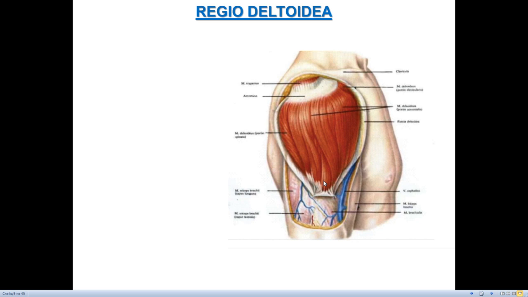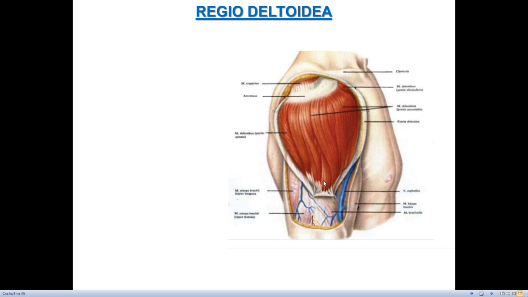It passes here through the quadrilateral foramen. Quadrilateral means four angles. Together with the vein of the same name and the axillary nerve.